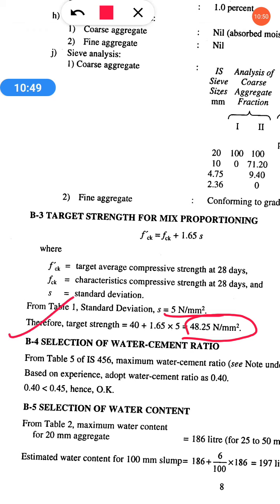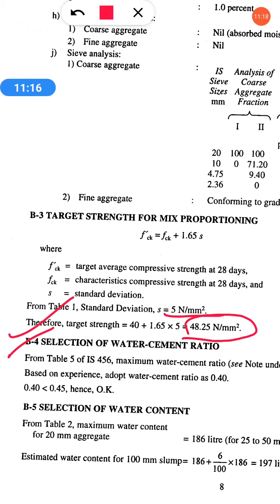Now the next step is selection of water cement ratio. So from table number 5 of IS 456, from where you have to take this water cement ratio, this is from the IS 456 code. Okay, table number 5, you have to memorize that table number 5 of IS 456. Maximum water cement ratio, based on experience, adopt 0.40.